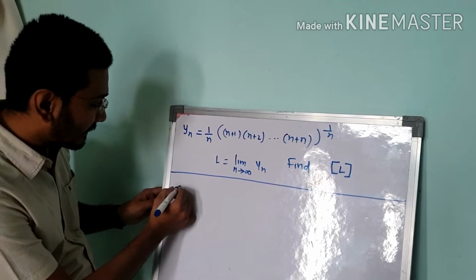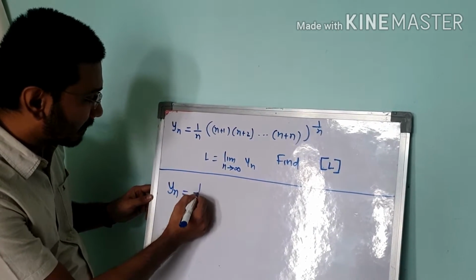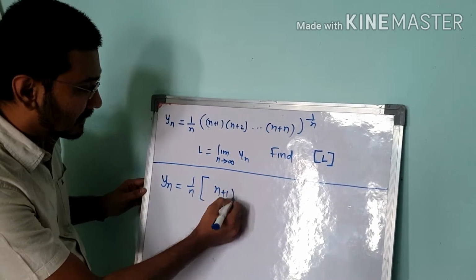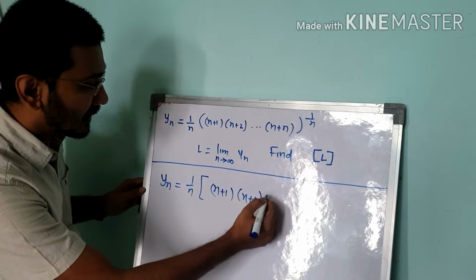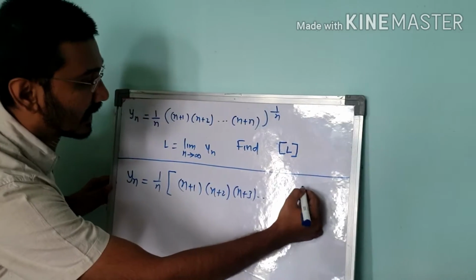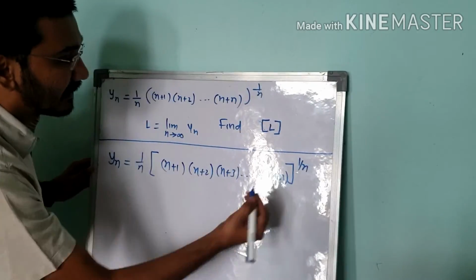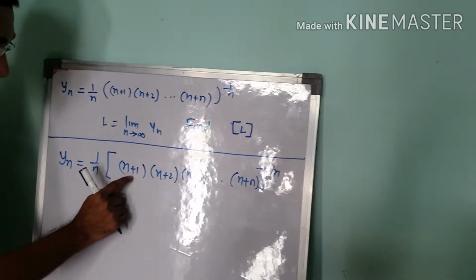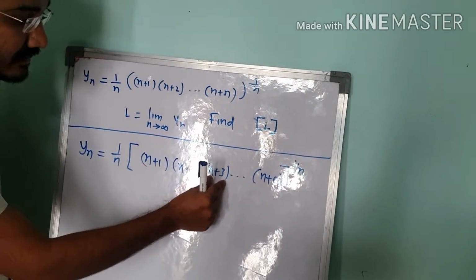I'll write it again here, yn equals 1 by n, and here this is (n plus 1)(n plus 2)(n plus 3) and so on up to (n plus n), and the whole bracket raised to 1 by n. What I'll do, I'll divide each bracket by n.